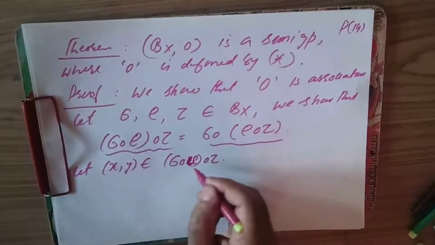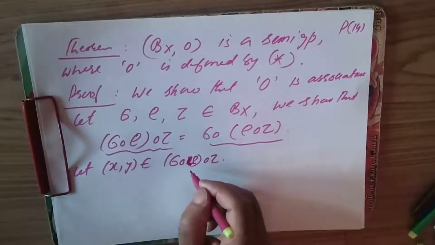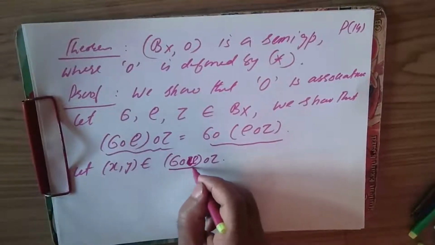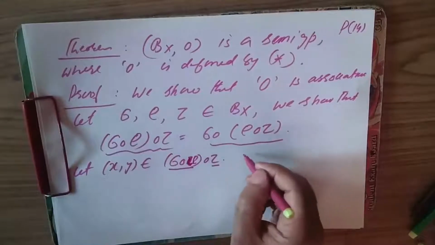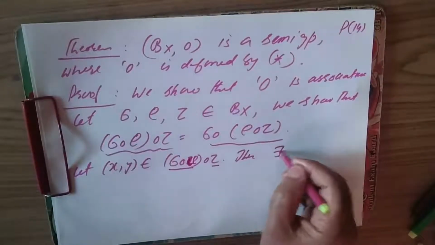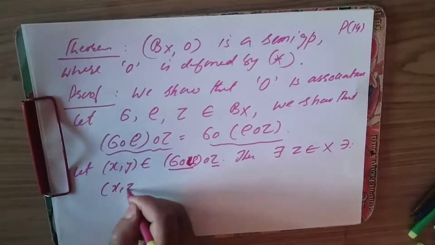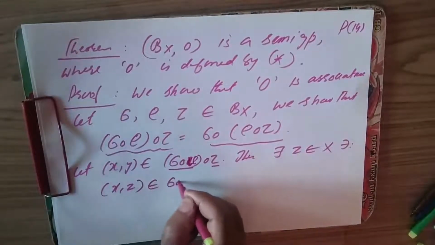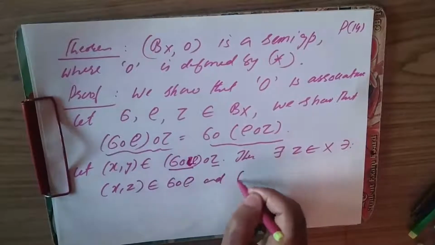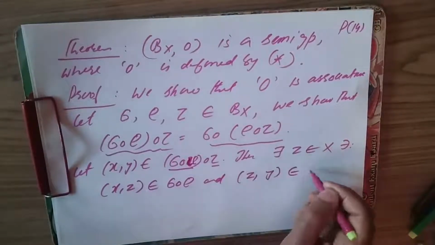Then by definition of composition, we have two binary relations here: one is sigma composition rho, the second is tau. So there exists z in X such that (x, z) belongs to sigma composition rho and (z, y) belongs to tau.